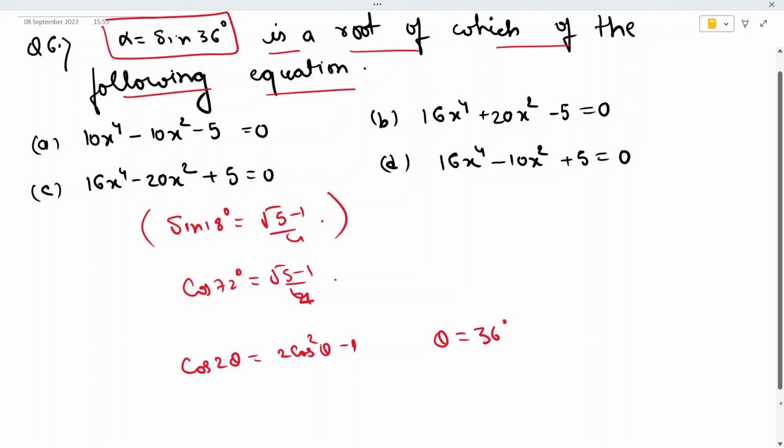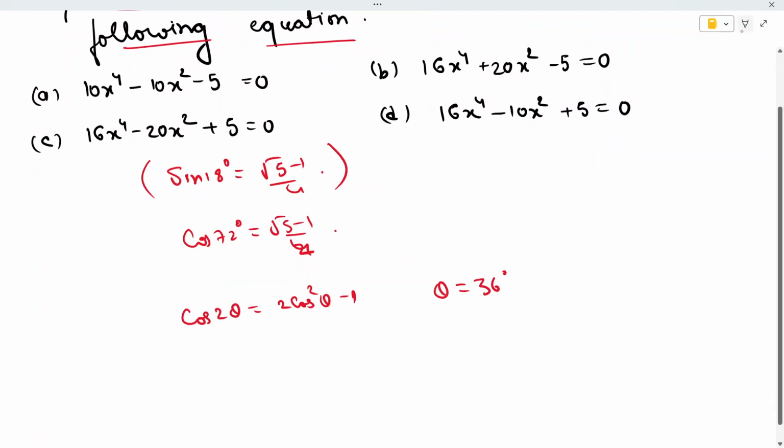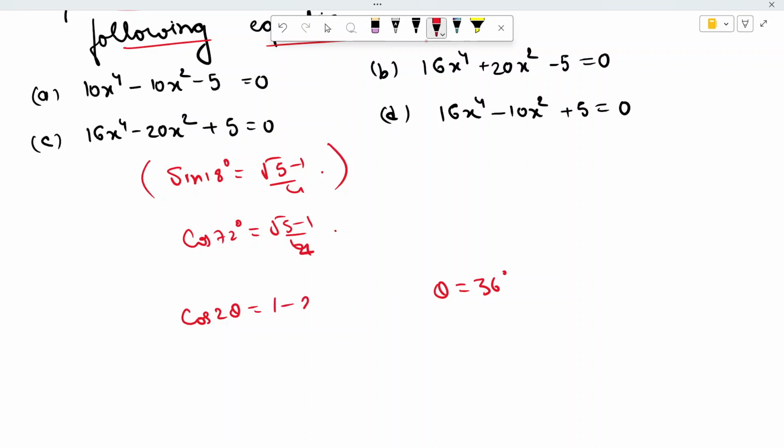Here we are given sine theta, so you have to use the formula for sine, that is cos 2 theta equal to 1 minus 2 sine square theta. Okay. So cos 72 degree is equal to 1 minus 2 sine square 36 degree.